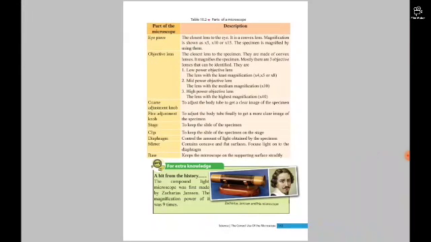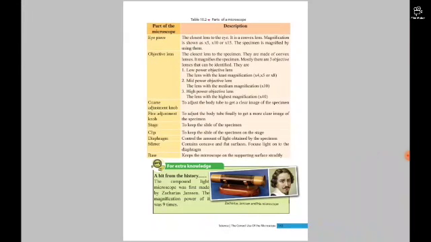Then the fine adjustment knob: to adjust the body tube to finally get a more clear image of the specimen. We cannot see clearly by only adjusting the coarse adjustment; we have to adjust the fine adjustment knob also. It makes the image clear again, like a camera.